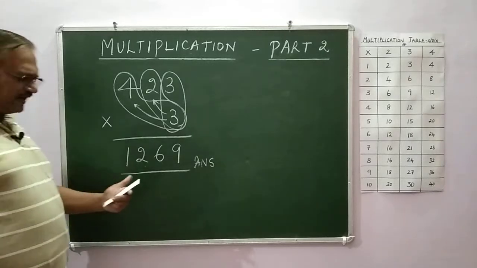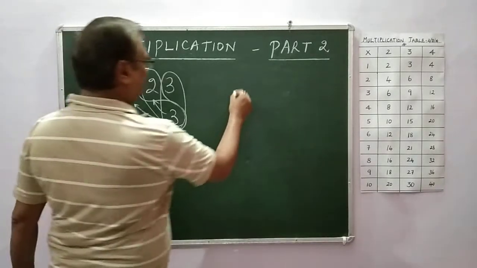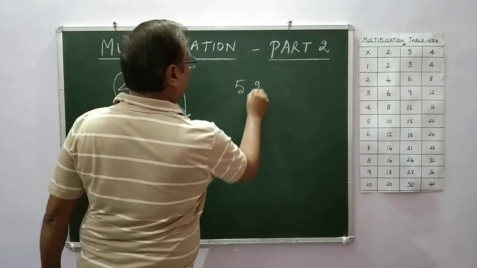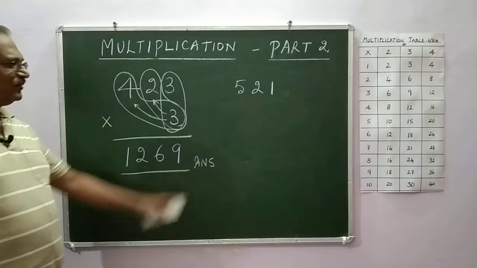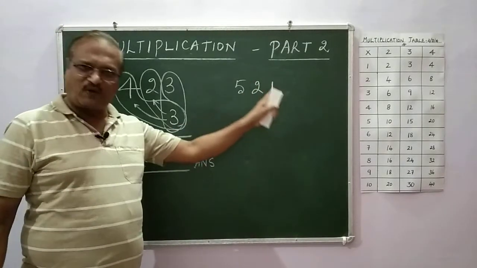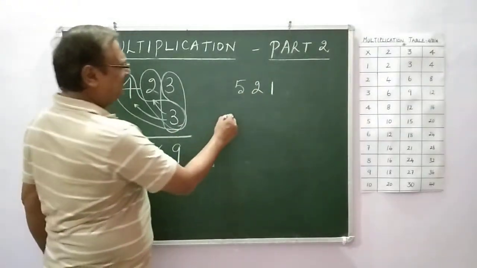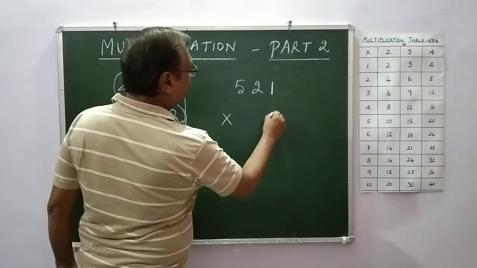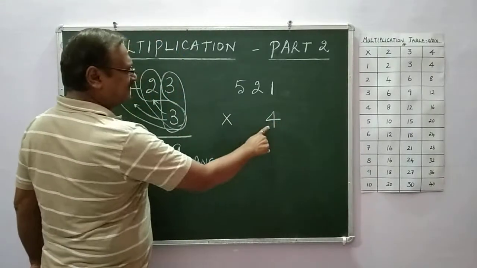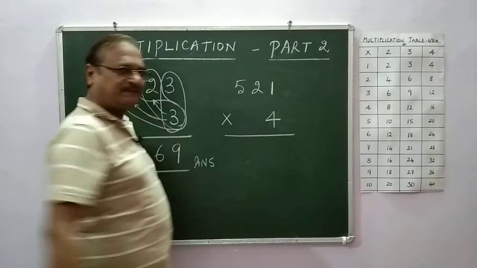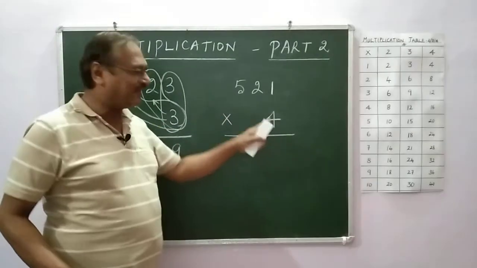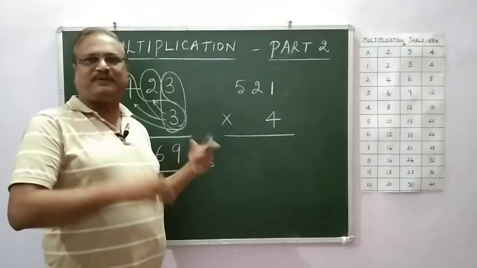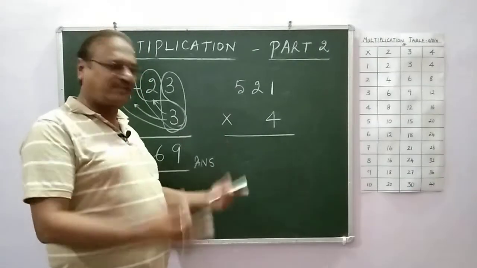Let me do another problem. 521. You understand what I do? 5 2 1. Let me multiply this with 4. It is a single digit. I am multiplying with a single digit number, right? And I am multiplying maybe a 2-digit, maybe a 3-digit number.